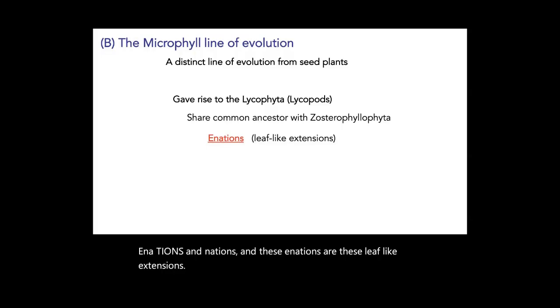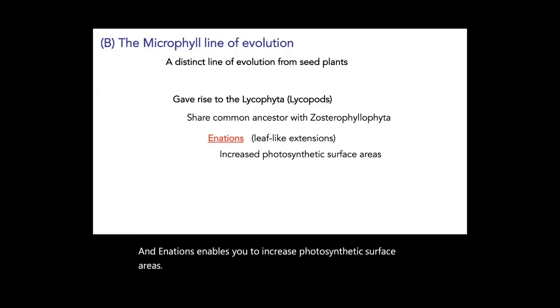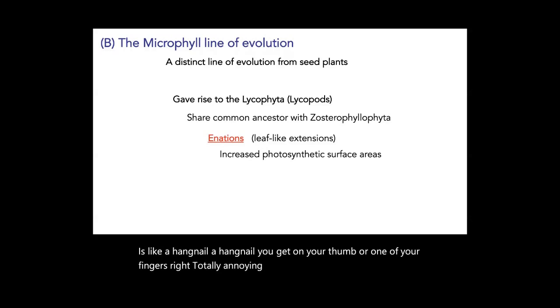So an enation is a microphyll. And enations enable you to increase photosynthetic surface area. And a good way to think of an enation is like a hangnail you get on your thumb or one of your fingers, right? Totally annoying. Drives me crazy. But an enation is kind of like a hangnail off the main stem, okay?